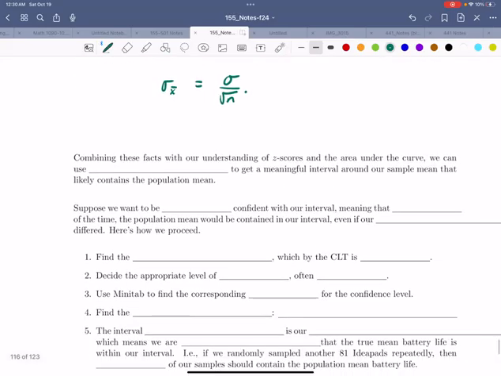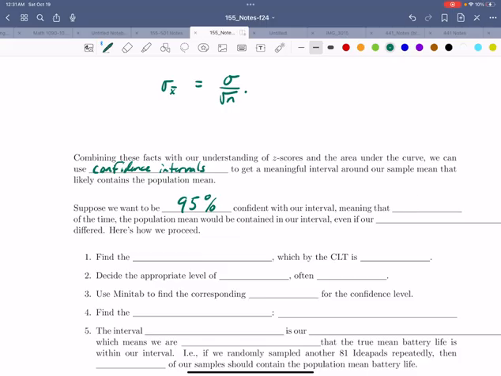So then what we do, we're going to combine this with our understanding of z-scores. And what we can do is we can use confidence intervals to get this meaningful interval around our point estimate or sample mean. Now, suppose we want to be 95% confident. This is probably the most common level of confidence that you're going to see.